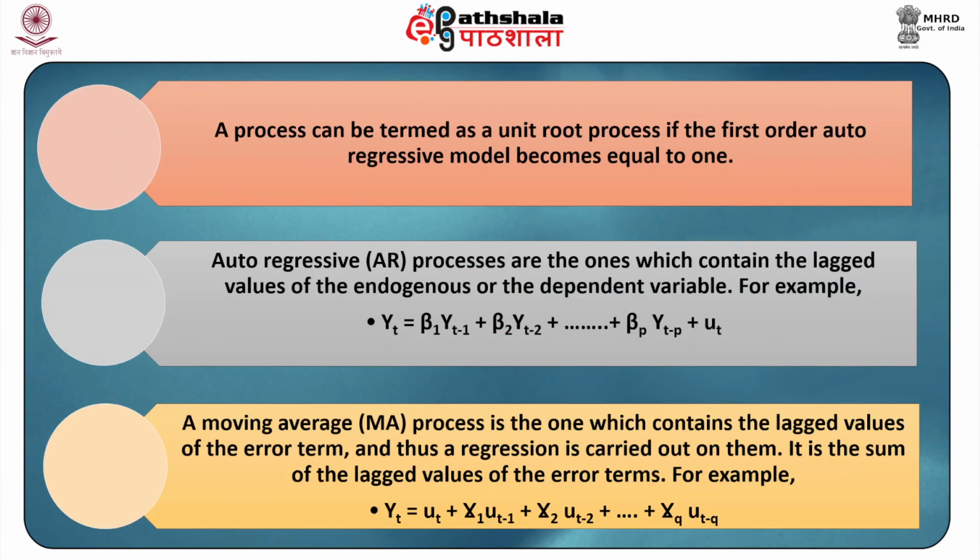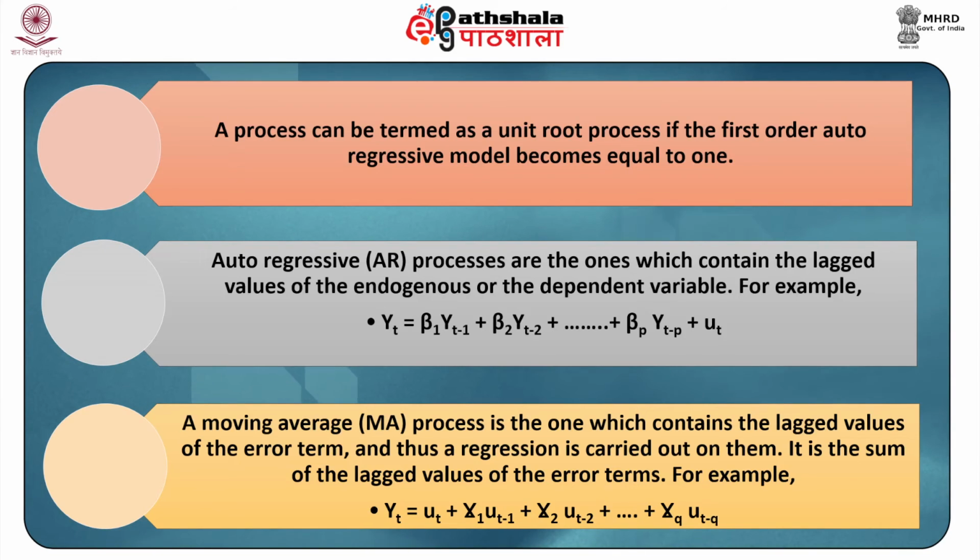We have learned in this module about the unit root stochastic process, which has been denoted as yt equal to beta yt minus 1 plus mu t. This model is basically a first order autoregressive model with a lag of one time period.